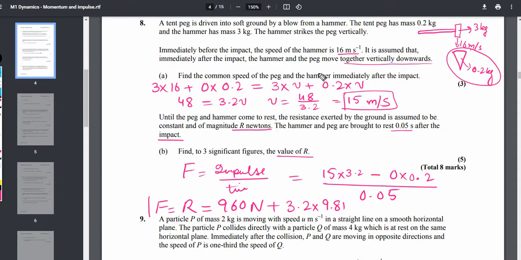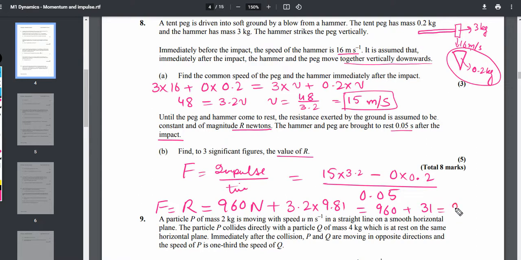So we have 960 plus 3.2 times 9.81, which is 31.4. I'll just take it as 31.